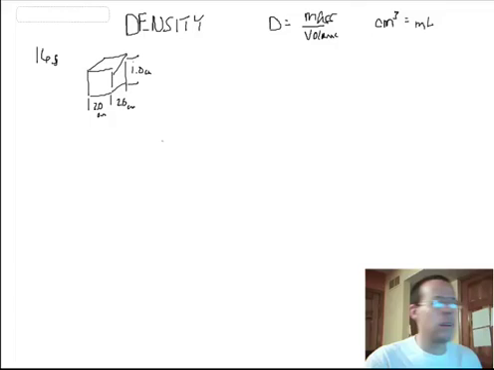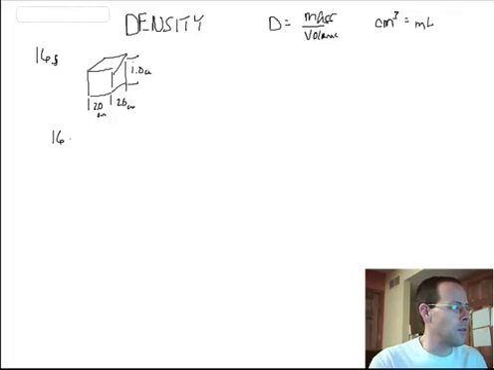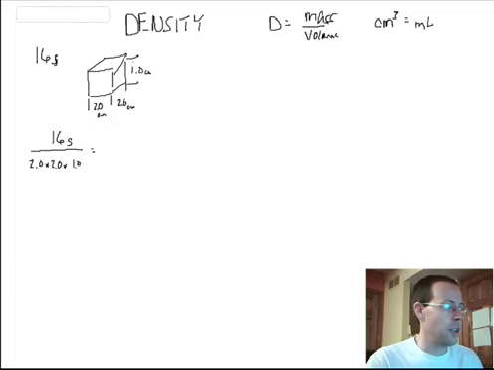So if density is mass over volume, and we have a nice regular shaped object like this, we're going to have 16 grams divided by length times width times height. So 2 times 2 times 1. 2 times 2 is 4, so 16 divided by 4 is 4.